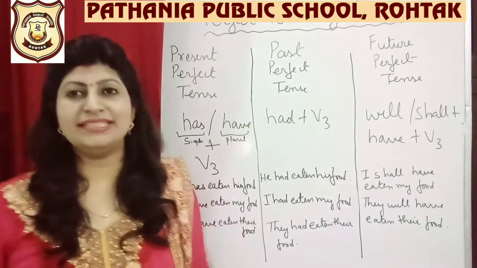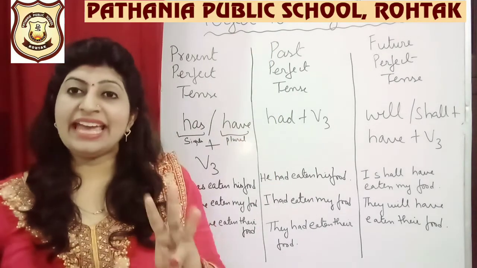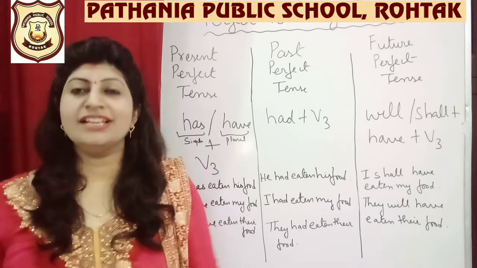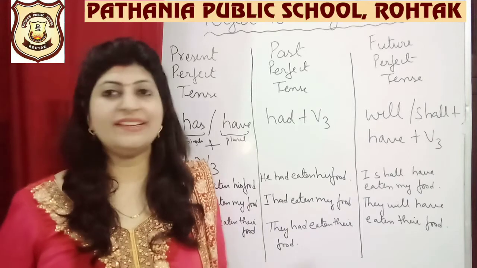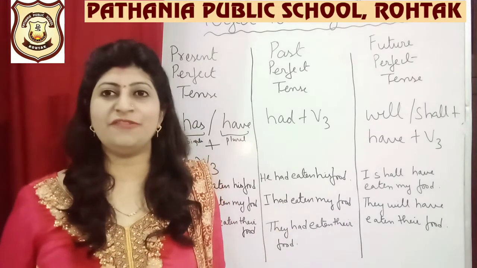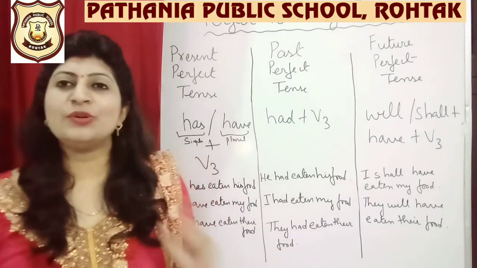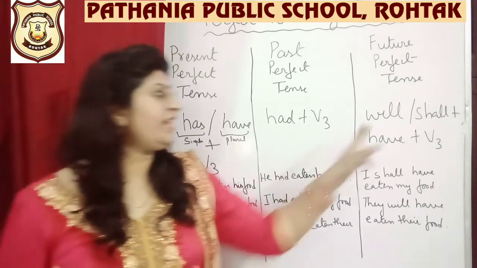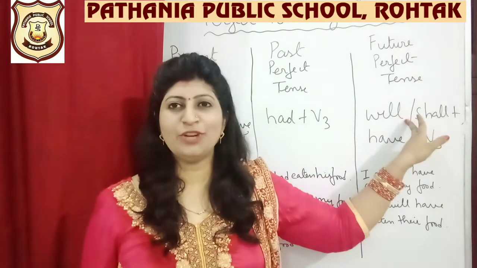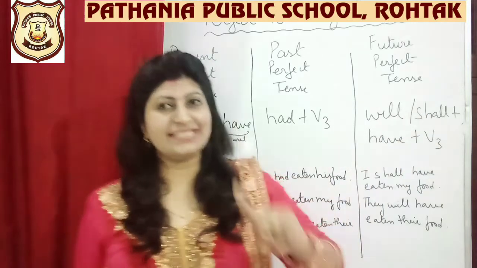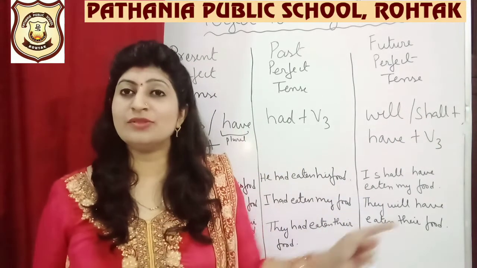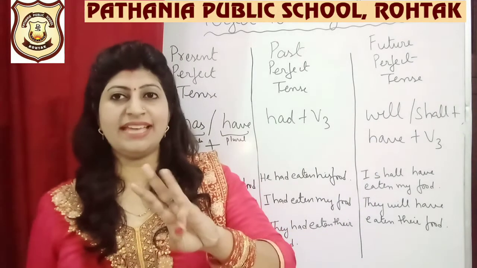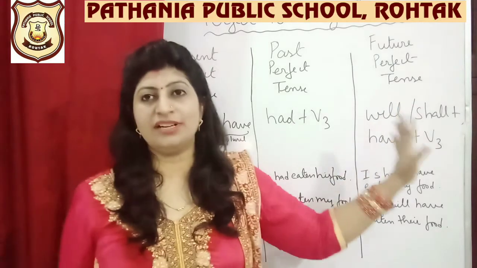But then the question arises that again there is a segregation of three: present, past and future. So how to identify whether it is present perfect, past perfect or future perfect? What is the easy tactic to remember it? Whenever you see the words will and shall, it is easy to remember, will and shall are connected with future only. And you also see V3. So will/shall is there and third form is there. So definitely it is your future perfect.